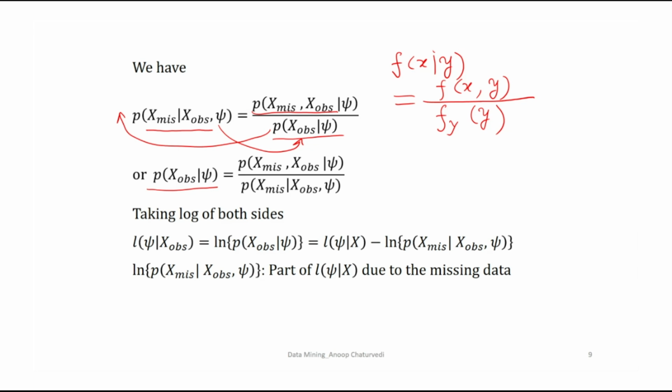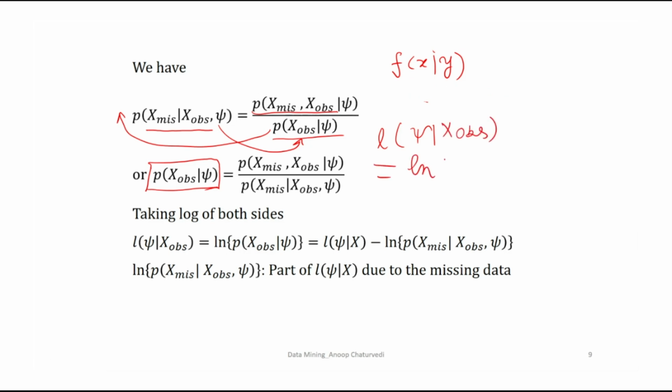Now, we take log of both sides. So, here we get log of p of x observed given psi, and we denote it by small l of psi given x observed, which is equal to log of p of x observed given psi.